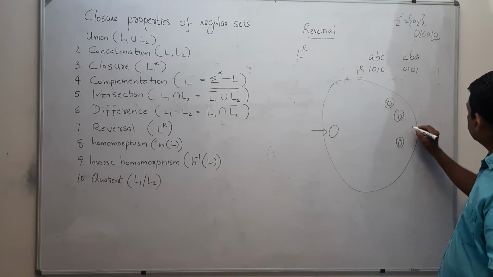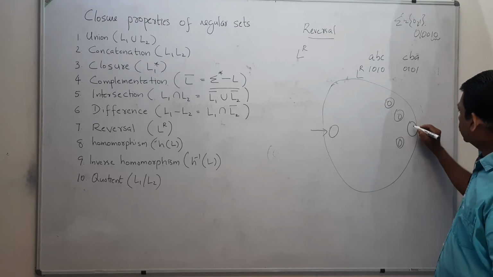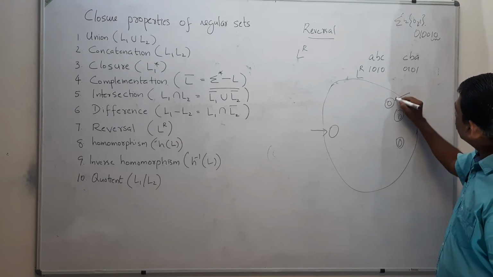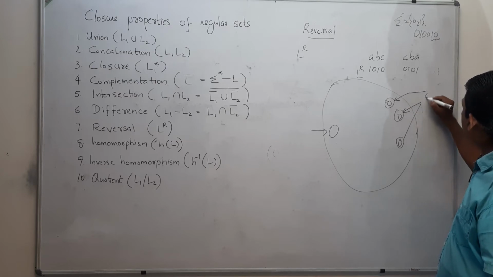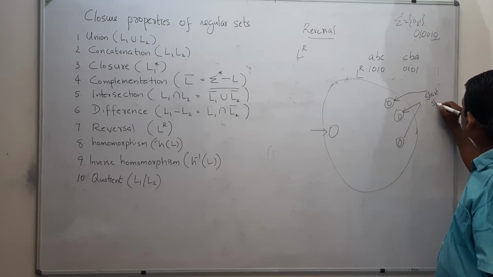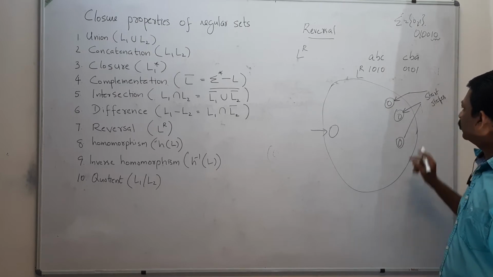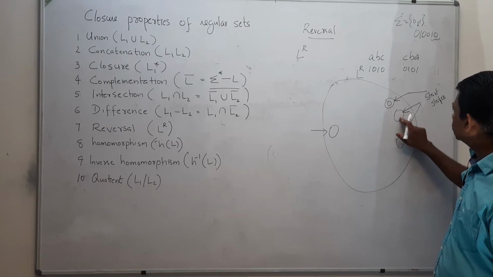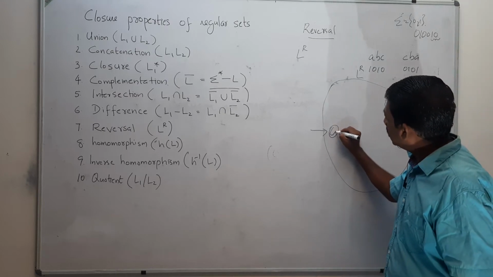You have to have a new state here, and you have to make every final state a start state. These are all start states. Every final state has to be converted to a start state. Now this is a start state, this is a start state, and this is a start state. And make the start state a final state.